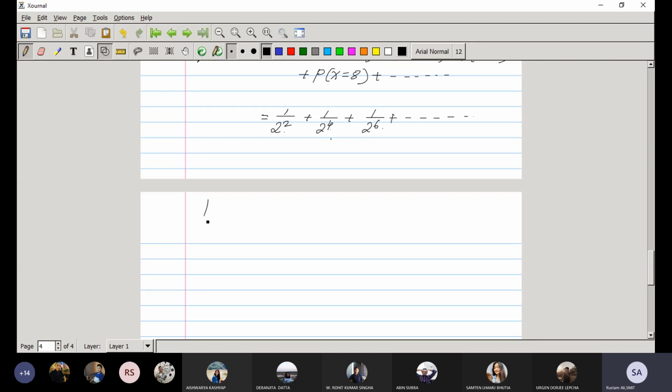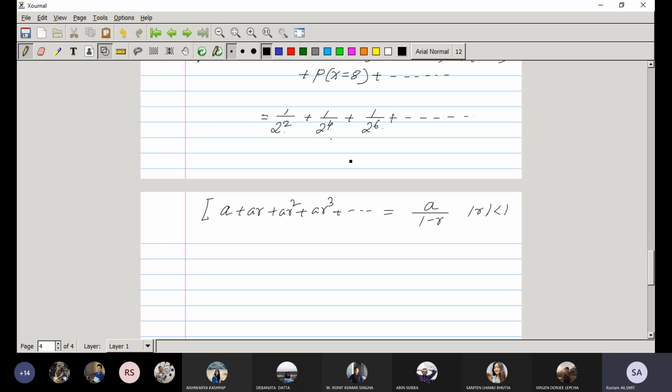Okay. Now what do you know? The sum of a geometric series a plus ar plus ar squared plus ar cube, this summation of an infinite number of quantities, will be a by 1 minus r, provided the common ratio is less than 1.